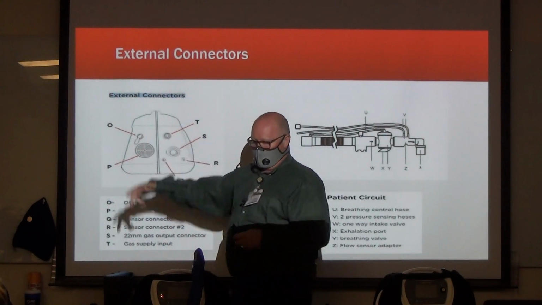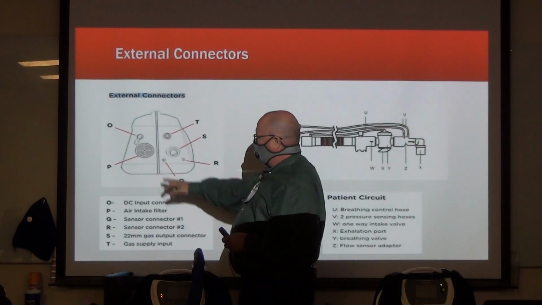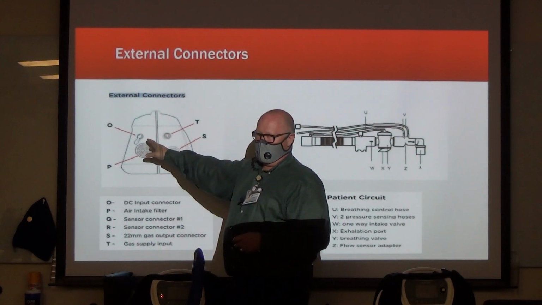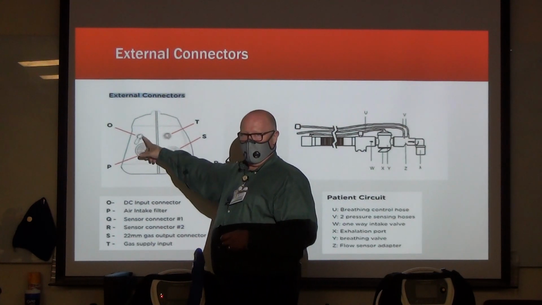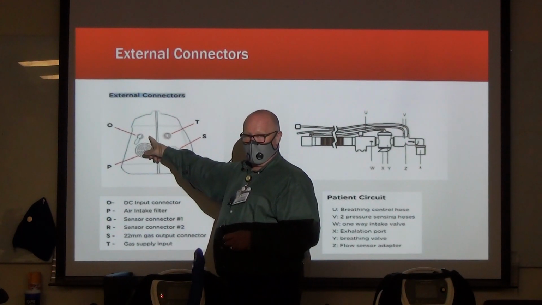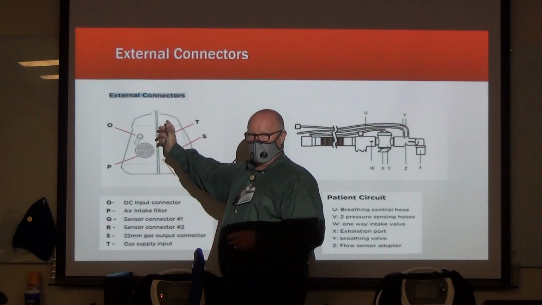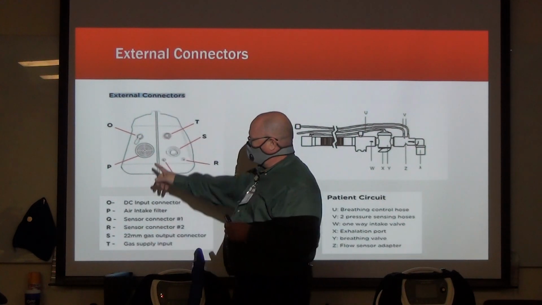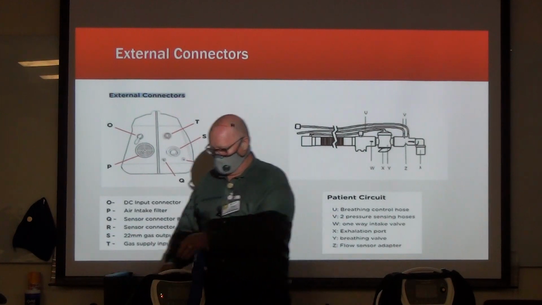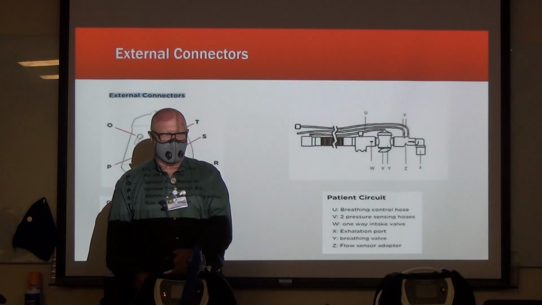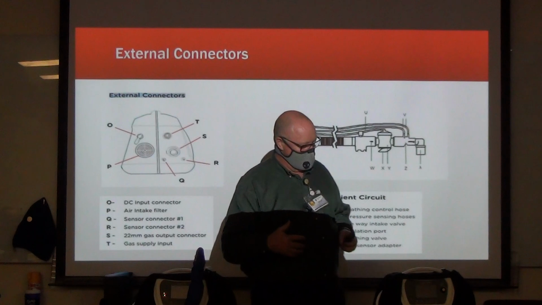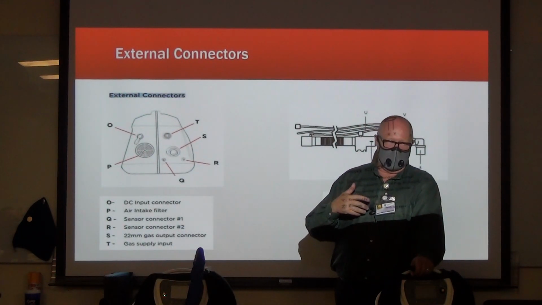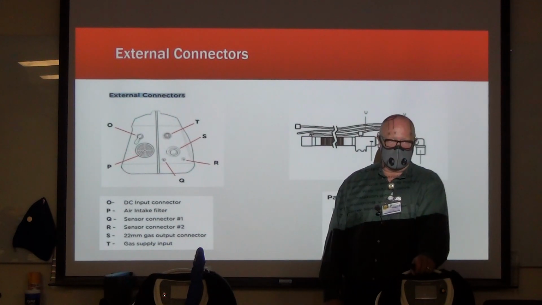O is your power. That's what I just plugged in over here. And Sean, I don't know if in logistics they have it, but there's actually a filter right here. Those will be going out, I'm sure, so we can replace those after usage. The filter goes right behind this little plastic part, our rubber piece, and that's the intake for the 21% that we blend to make that 60% for your FiO2.